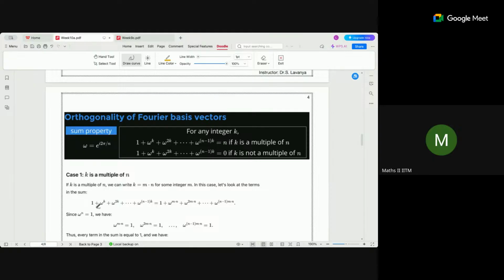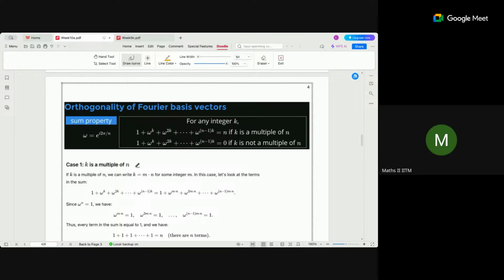So the sum of all these n roots is n. How is that? Let us consider these n roots. We have assumed that k is a multiple of n. K being a multiple of n means we can write k as m times n for some integer m. So we see 1, omega power m n, omega power 2m n, and so on. Every time you have omega power n and then the whole power m. So each of these terms becomes 1 because you have n here, right?